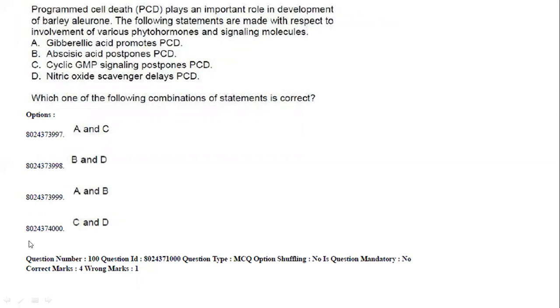Gibberellic acid promotes programmed cell death and abscisic acid postpones programmed cell death. These are actually from a paper, and options A and B are the correct answer, right? So these are actually the correct options.